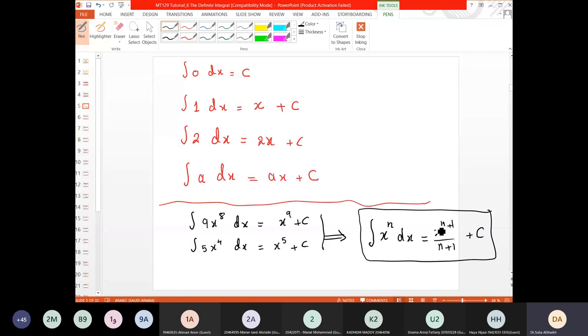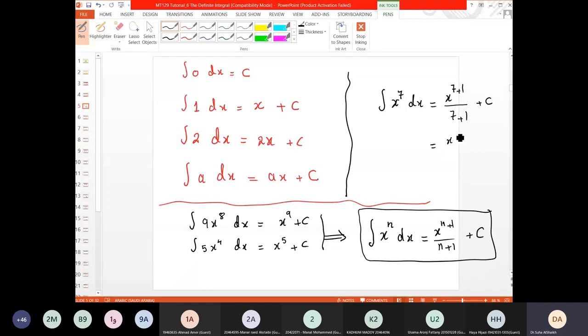As an example of this, if I want you to find the integration of x to the power 7 dx, according to the rule it is x to the power 7 with 1 added, but I have to divide by 7 plus 1, plus the integration constant c.